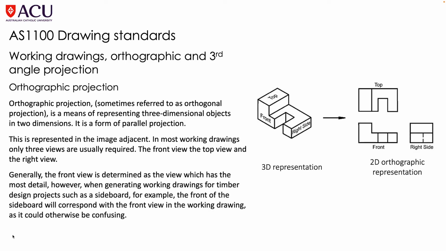Now, the other thing, just as a point of discussion, in this example here, we're using the right view. When we're using third angle projection, there is always a bias towards the right view. But say, for example, if in this drawing here, there was detail on the left-hand side or the left end, we would have to have an additional view in there as well.